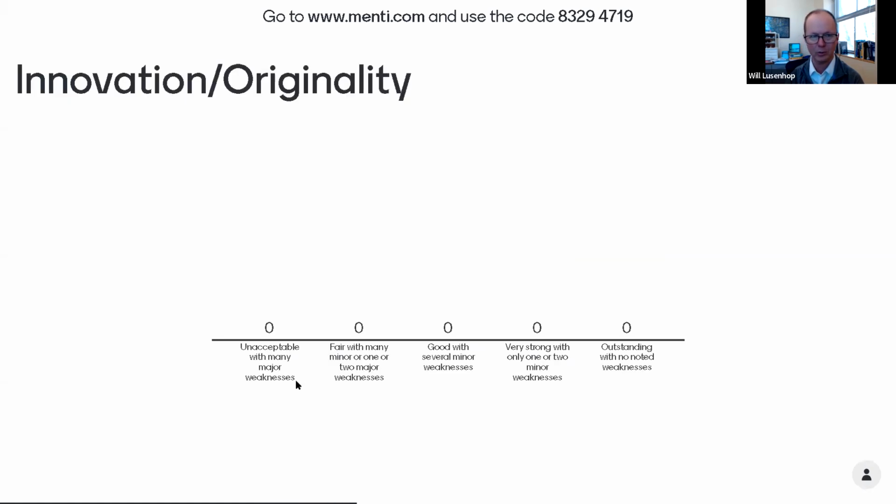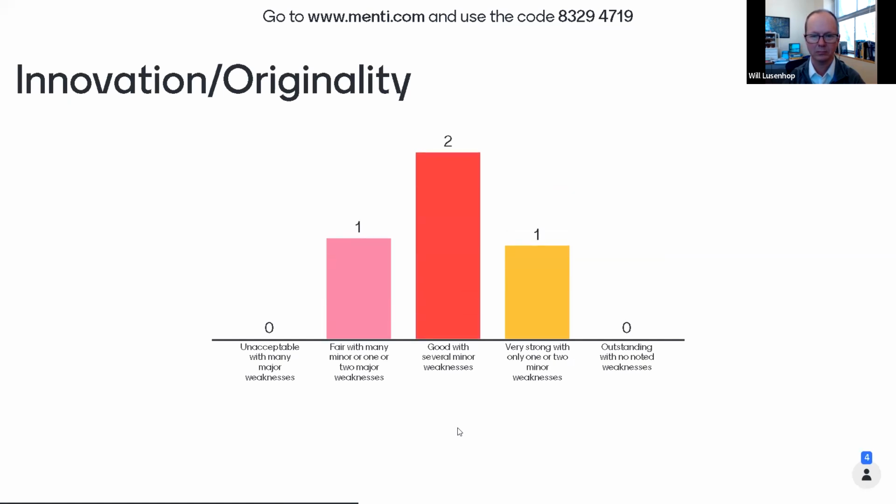So I'm going to go to the next one: innovation and originality of the proposal, not necessarily of the topic itself. Okay, so we notice that everybody shifts a little bit this way.